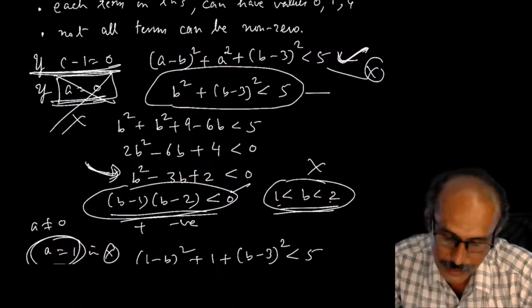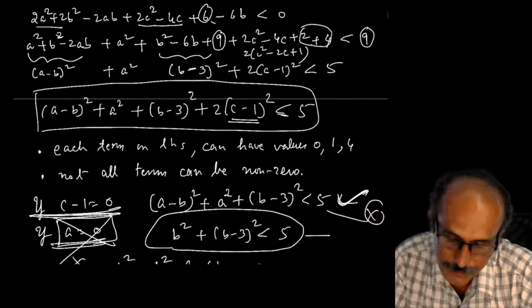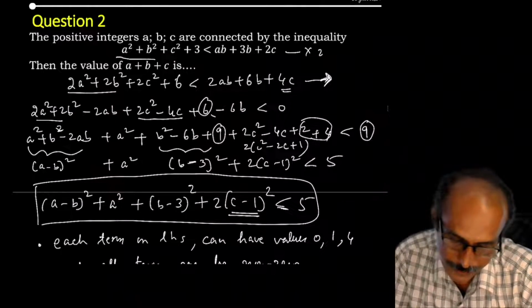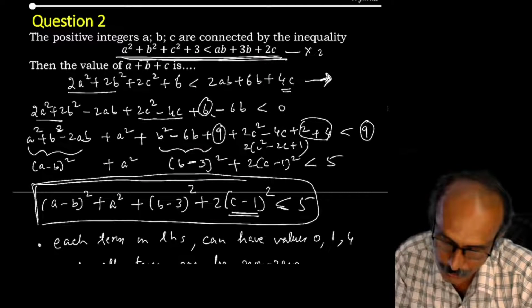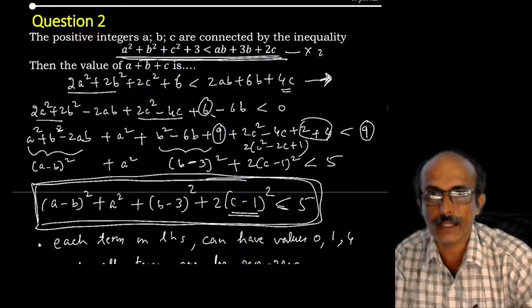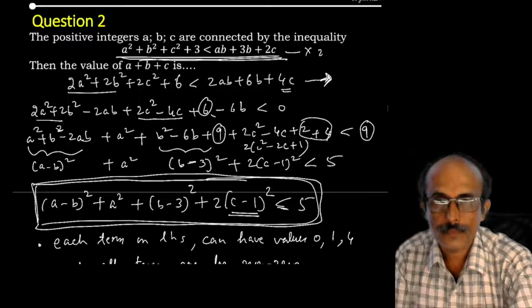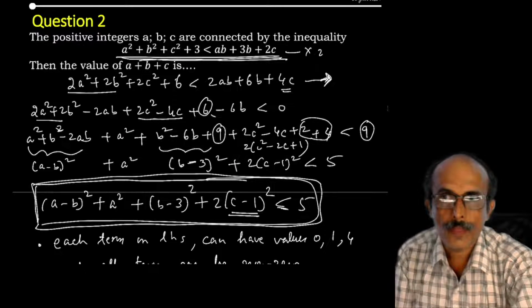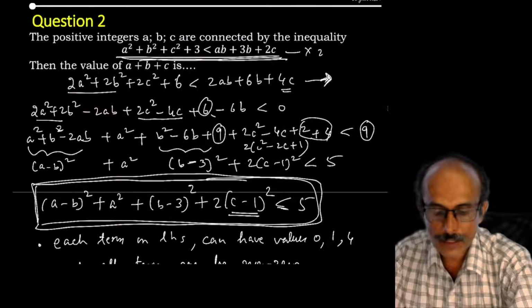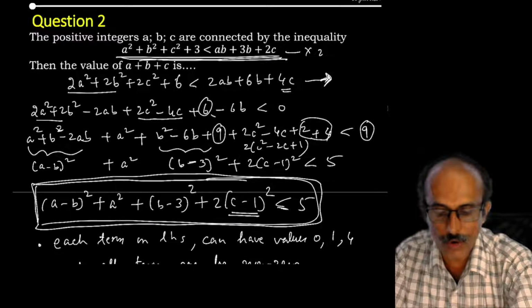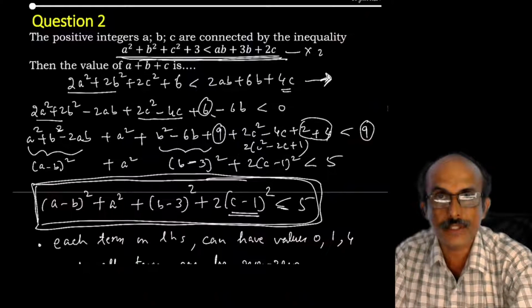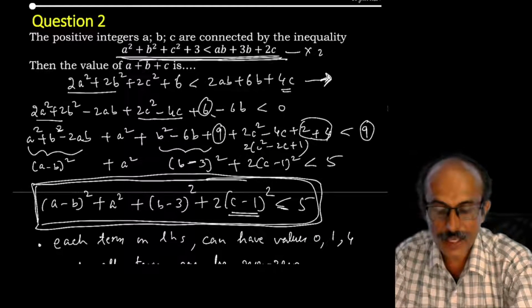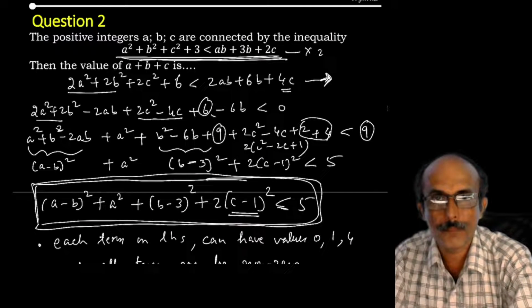The given inequality on natural numbers, we are going to rewrite in a convenient form to restrict the values of a, b, c. So the basic strategy is to see that this inequality on natural numbers restricts a, b, c, hence only a few values of a, b, c will be there.